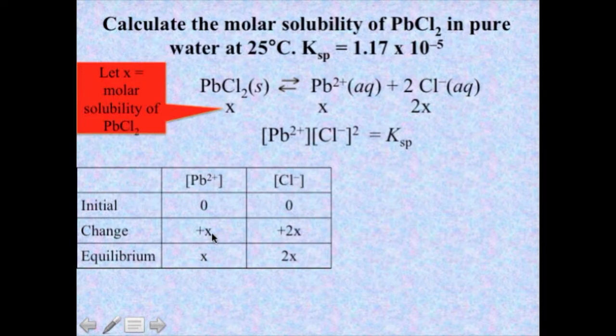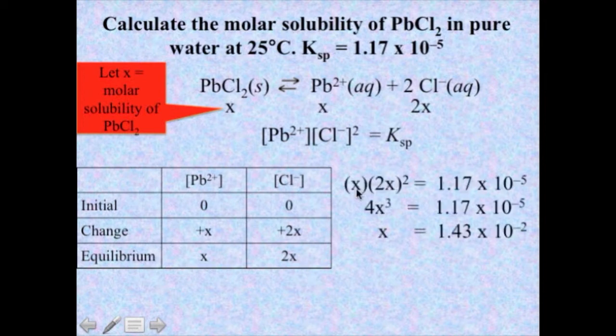This is because we're defining X as the amount of lead chloride that actually dissolves. So at equilibrium, we have X and 2X. Plugging X and 2X squared into our mass action expression, we get X times 2X squared equals 1.17 times 10 to the minus 5, the Ksp. And solving for X, it's 1.43 times 10 to the minus 2.